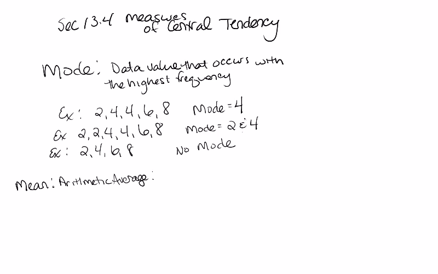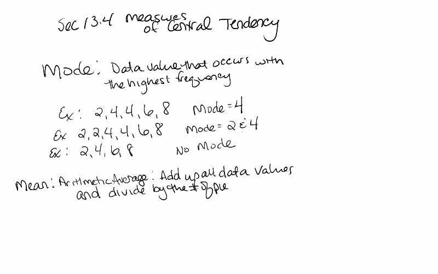The way to find the arithmetic average is to add up all the data values and divide by the number of pieces of data. In just a few minutes, you'll get an opportunity to do an example. I don't really think we need to do an example together.